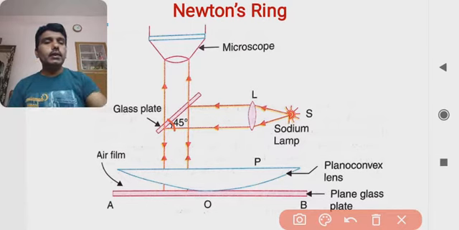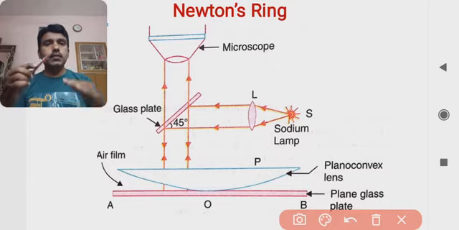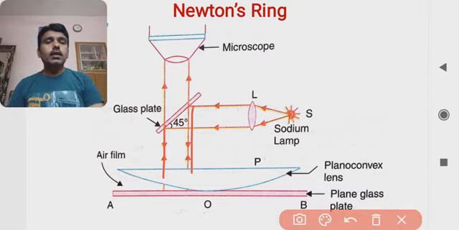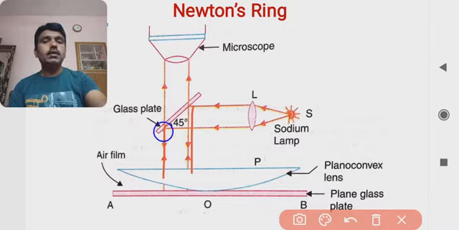No doubt, as light rays are incident on the glass plate at 45 degrees, there will be a complete 90-degree deflection of those rays, and the deflected light rays will be in exactly a perpendicular direction.